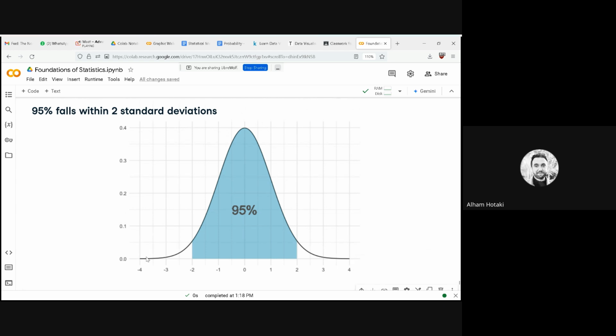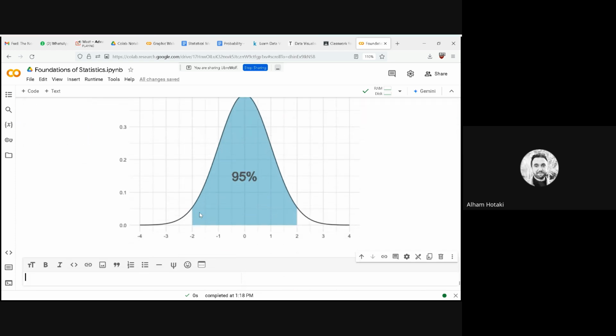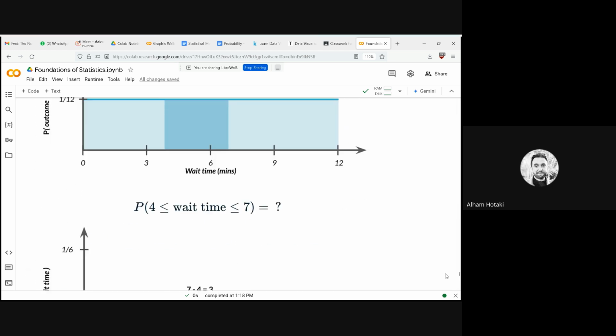If you have a normal distribution, this area is where you're not confident, and this is another area where you're not confident, but 95% you're confident. This is why it's called two sides, two tails: this one tail and another tail. So you're 95% confident that the data is within this distribution.